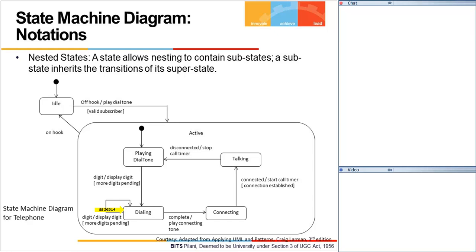The guard condition specifies the condition which, if true, then only the system will transit from state 1 to state 2, right? So there might be a condition which only if true will the transition happen. Even if the event happens, the transition will not happen unless and until the guard condition is true, right?